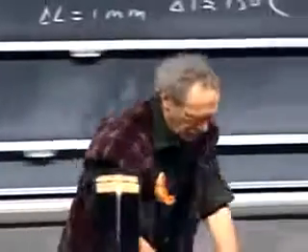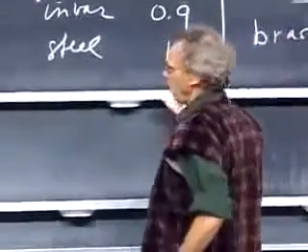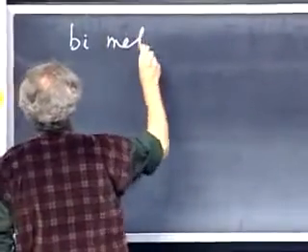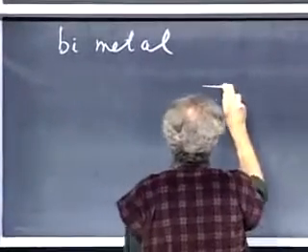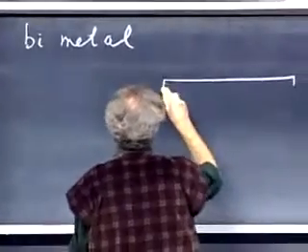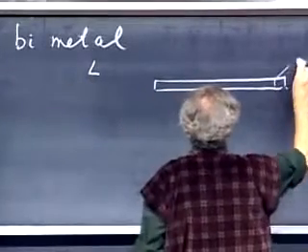A very important application of the expansion of metals is what we call bimetals. They're all around you. A bimetal is the following. Say I have a strip here, length L, of Invar.